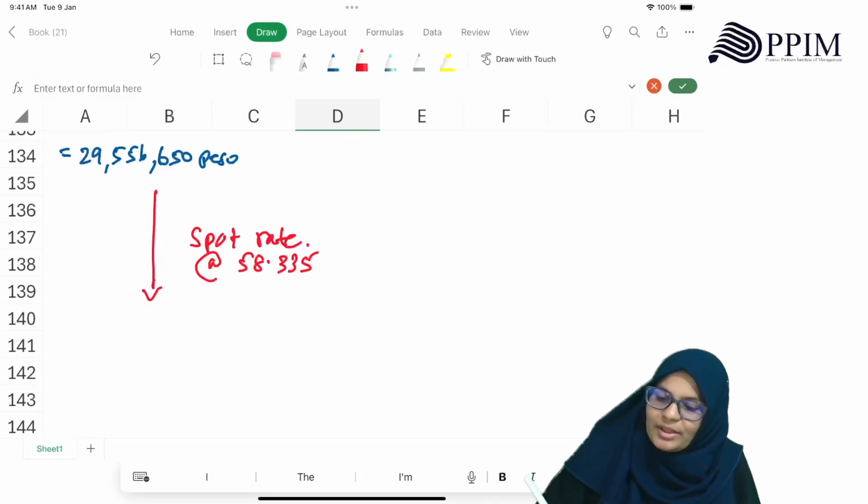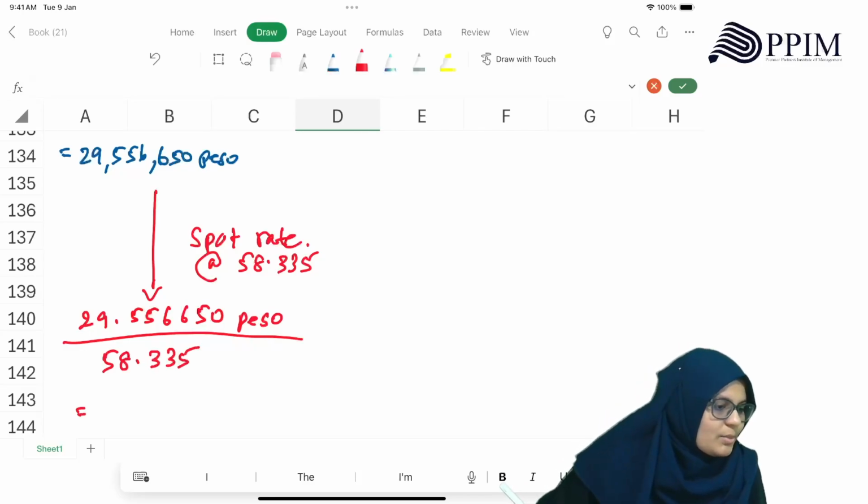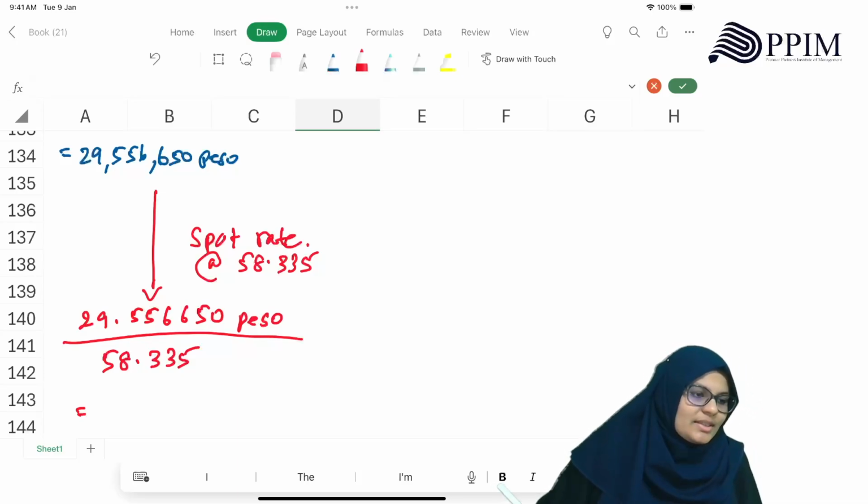When I do the conversion, 29,556,650 pesos, I will divide it by 58.335. So in dollars, how much will that be? 506,671.